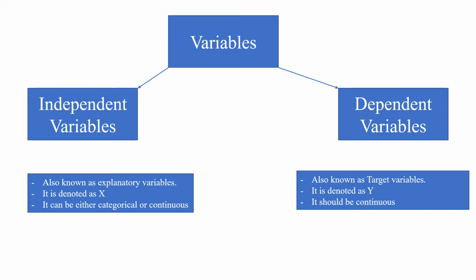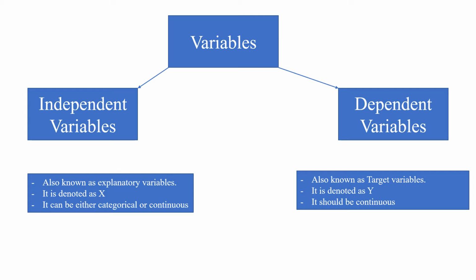It is mostly denoted by Y, and the main point in the dependent variable is that it should be continuous in nature. It cannot be discrete in nature like independent variables. Hence, if we want to perform regression, the dependent variable has to be in the continuous form.